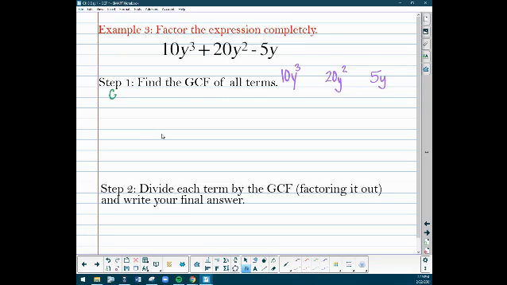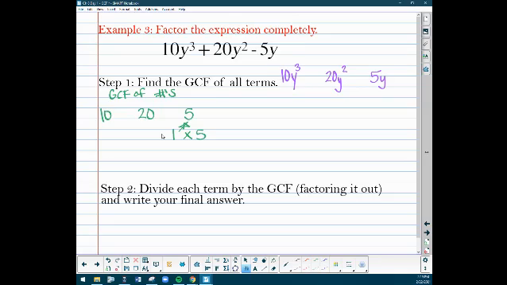So we'll start with the GCF of the numbers. Okay, the numbers are 10, 20, and 5. What helps me find the GCF when I have all these numbers is look at the smallest one and see the factors of that. Okay, the only factors of 5 are 1 times 5.